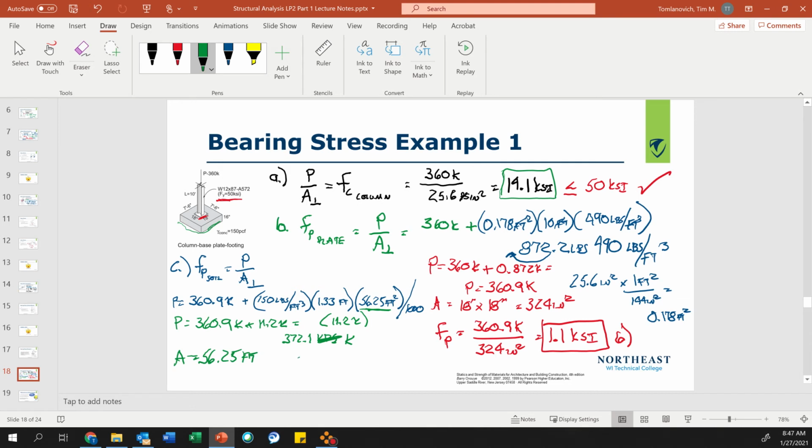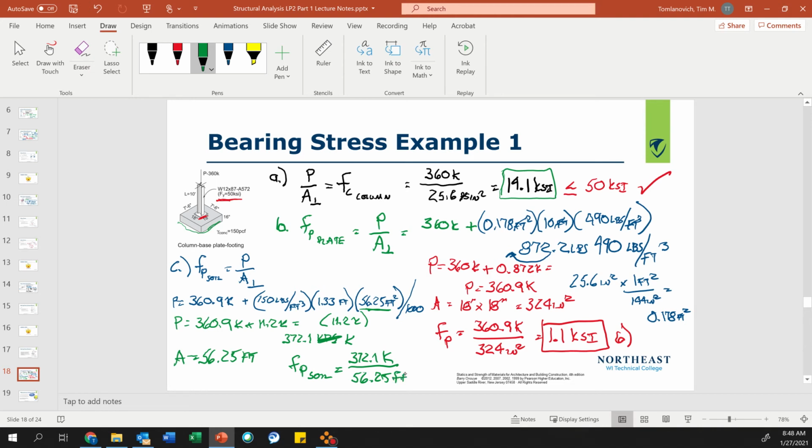So the bearing stress on the soil equals 372.1 kips divided by 56.25 square feet.